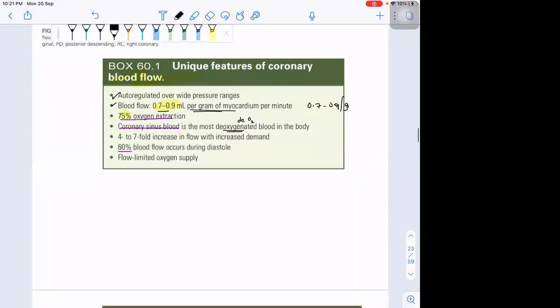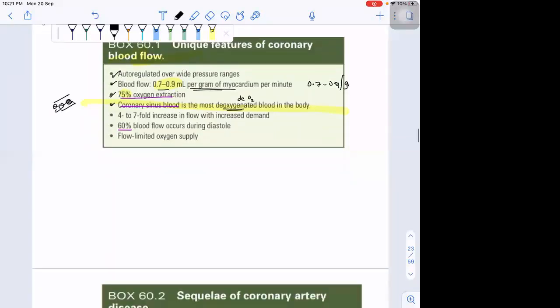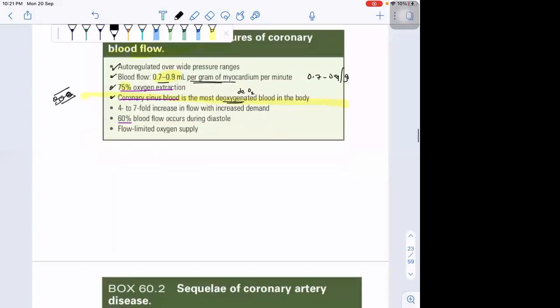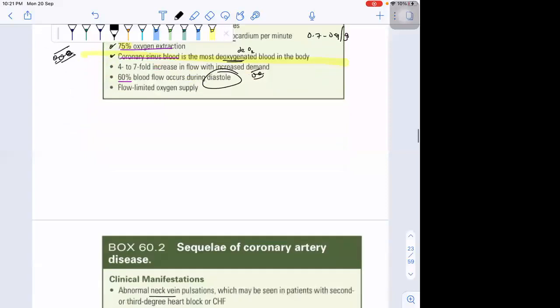There is 75% oxygen extraction, and the coronary sinus is the most deoxygenated bed in the body, a most expected MCQ. There is a 4 to 7-fold increase in flow with increased demand, and 60% of coronary blood flow occurs during diastole.